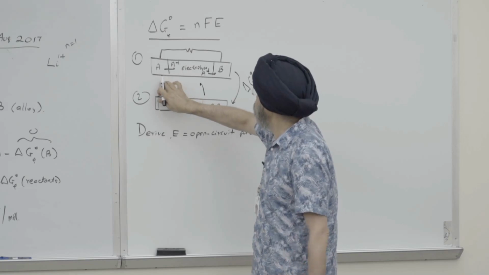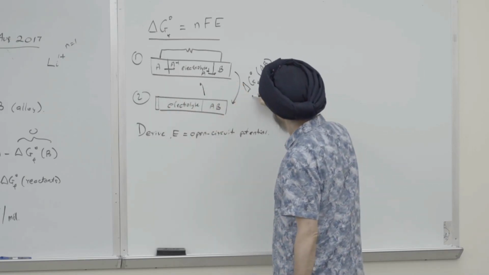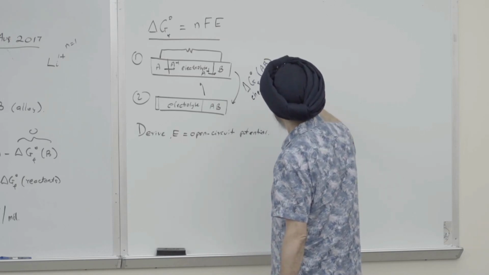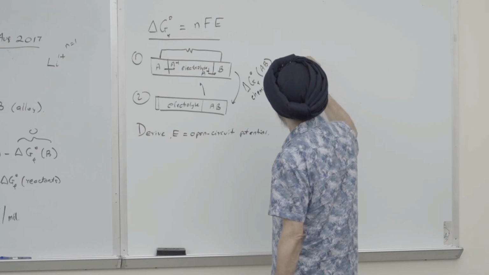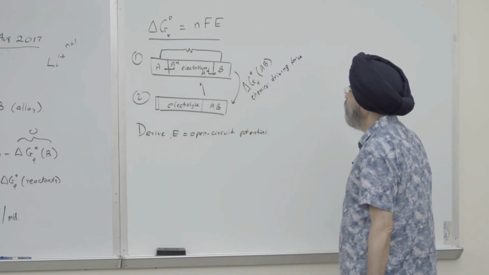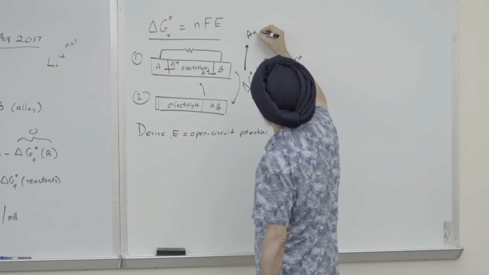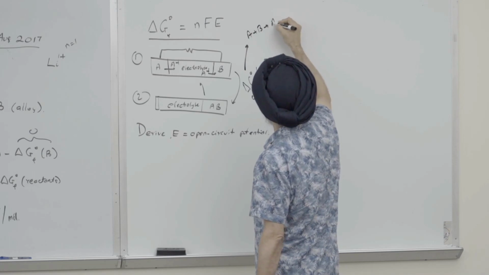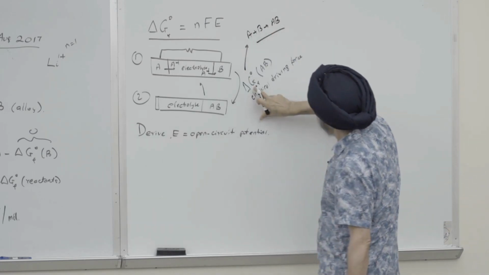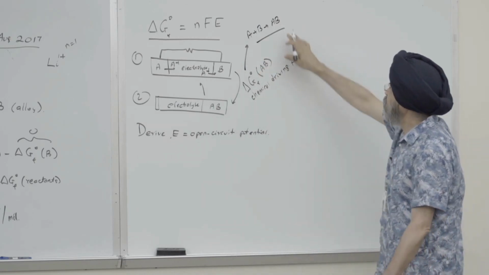We went from here to there by chemical means, so we had a chemical driving force. Even though this is an electrochemical reaction, it's the same as A plus B gives you AB, and you know the Gibbs free energy for that reaction by looking at a chemistry handbook, just pure chemistry.